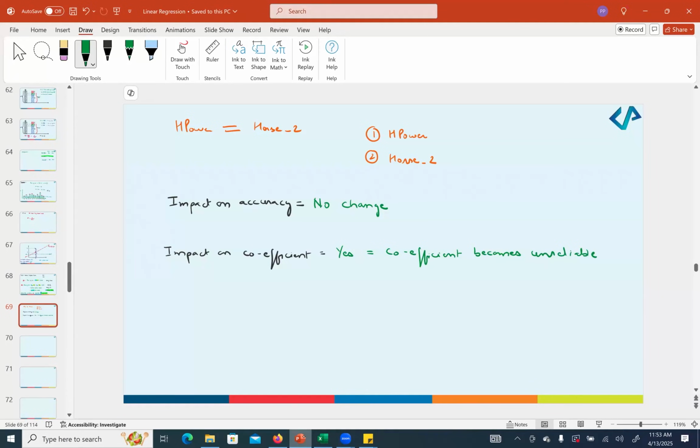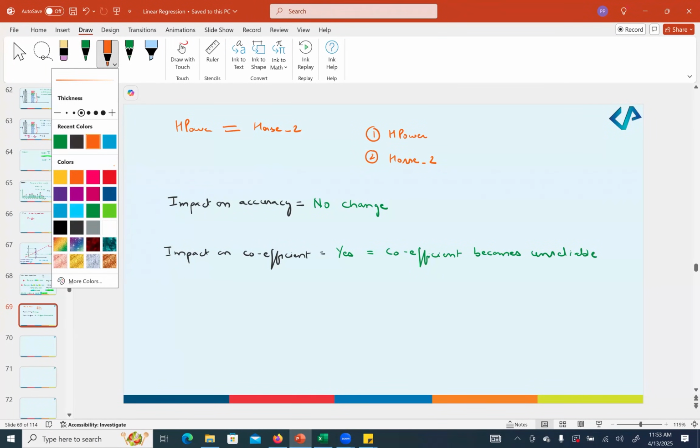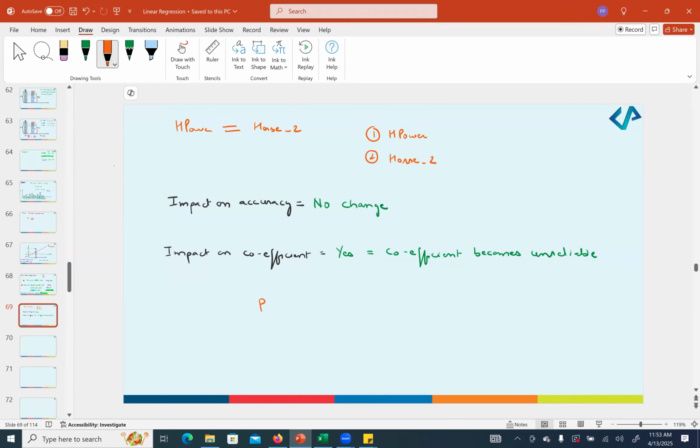For example, say the price of the car is nothing but 159 times horsepower minus 3283. What is the meaning of this 159? It means that if I increase my horsepower by 1 unit, my price will increase by $159.